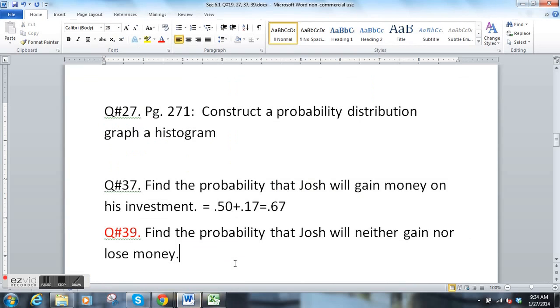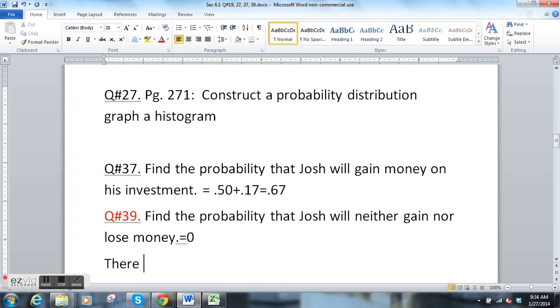Again, these are English problems. So the probability is 0. Basically, there is no way he will simply break even. He's either going to lose $10,000, make $10,000, or make $50,000.